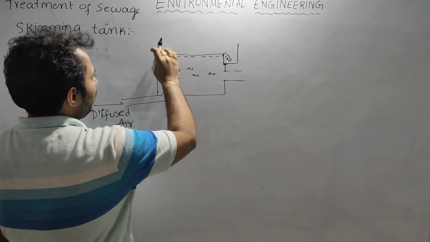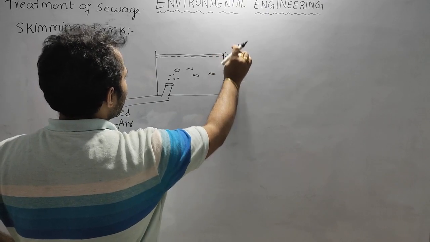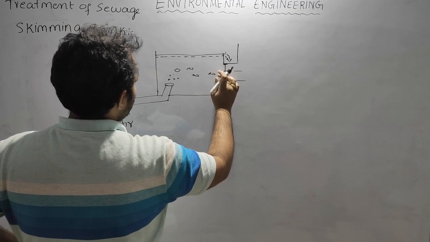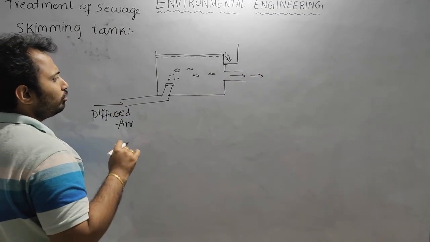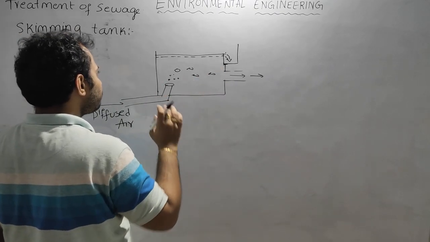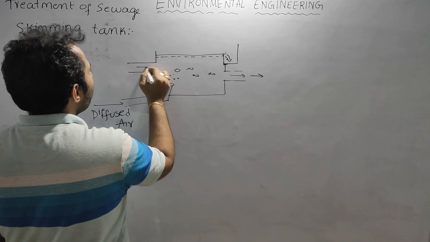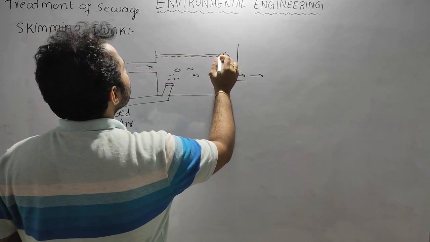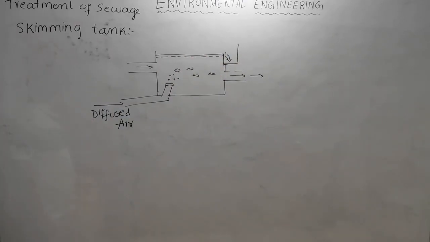This layer will be trimmed off and taken into this chamber, and the water which is free from oil and greases will go out from here. This is the inlet and this is the outlet, and the top layer which contains oil and greases will be trimmed off here. Likewise the skimming tank will work.